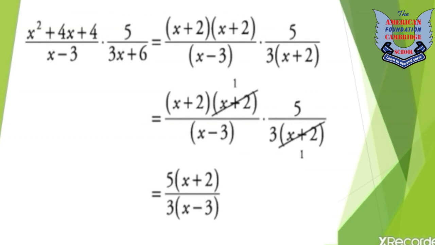The numerator of the first fraction, x² + 4x + 4, can be factorized by splitting its middle term, and you will get (x + 2) into (x + 2) as a result. From the denominator of the second fraction, take out the common factor 3 and you will have (x + 2) inside the bracket. After factorization, cancel out the similar brackets. (x + 2) will be cancelled and the final answer is 5 into (x + 2) upon 3 into (x − 3).